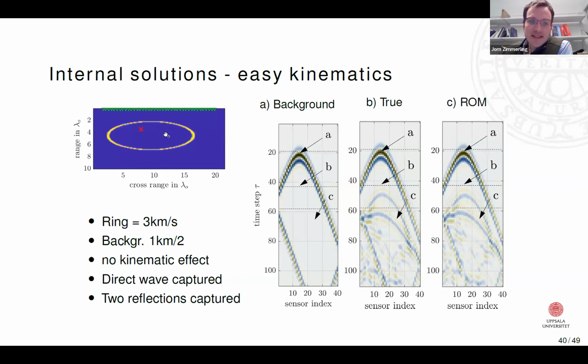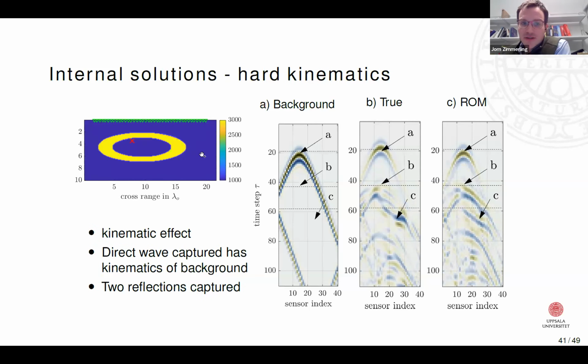If I now make this ellipse thicker and give it a kinematic effect, which I've done here, you will see that we still approximate the scattering events B and C very well in our reduced order model, but the kinematics is off. So if you look at the top dashed line, you see that in the background, the 0 point between the blue and the red wave is exactly at the dashed line.